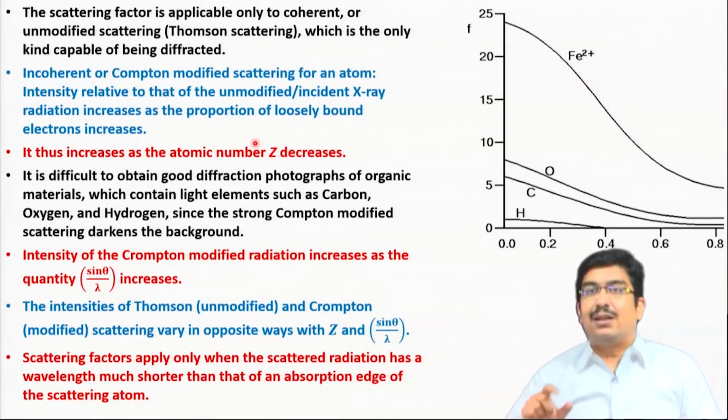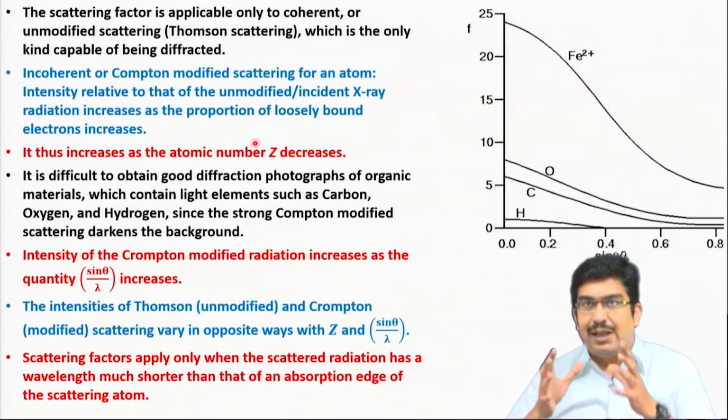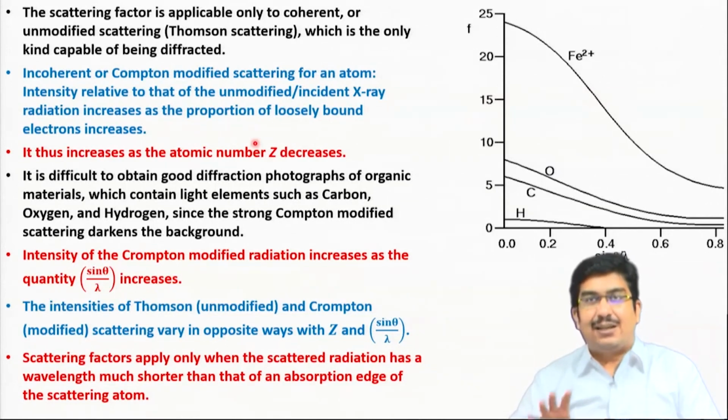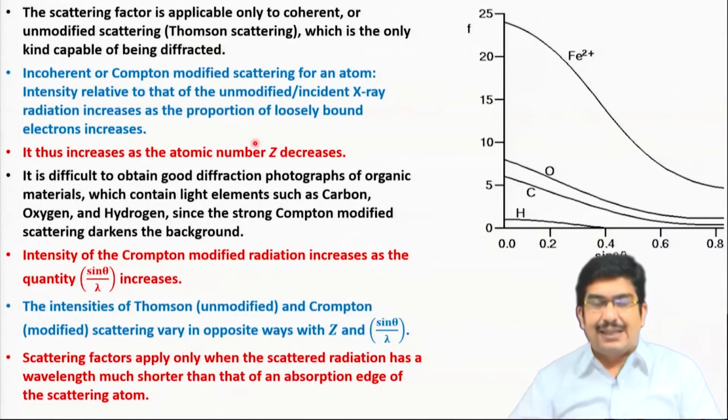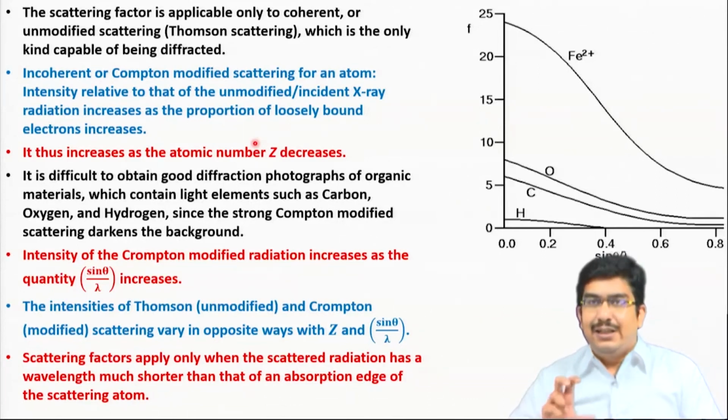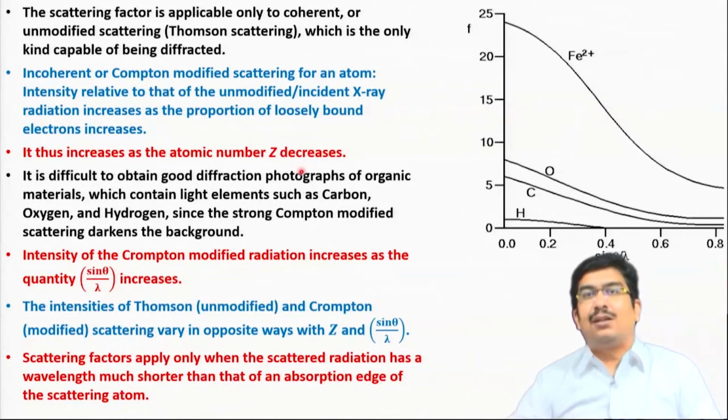The relationship between the atomic number and the Compton modified scattering is not an exact one; it is a very difficult relationship. We are not going into this, but basically the intensity of the Compton scattering will increase as the atomic number decreases.